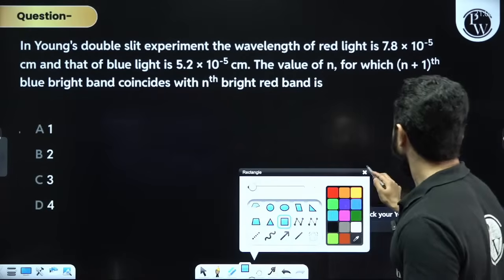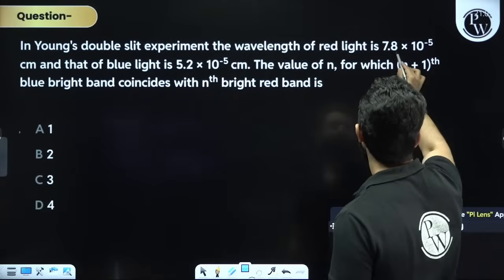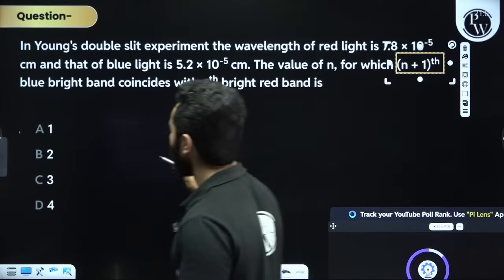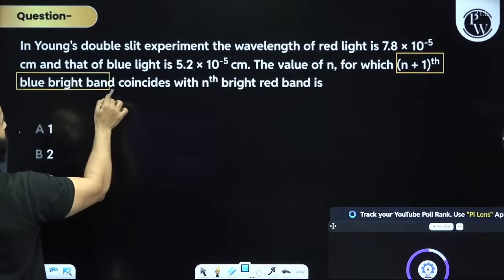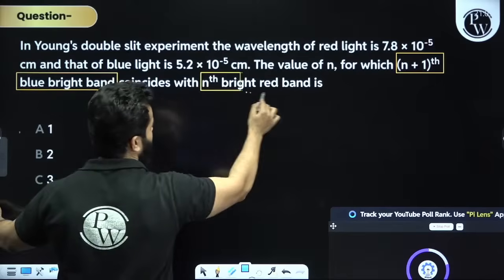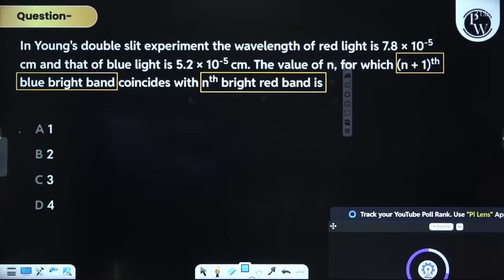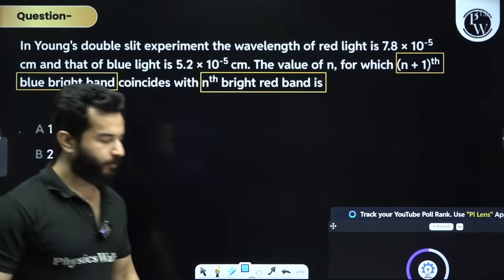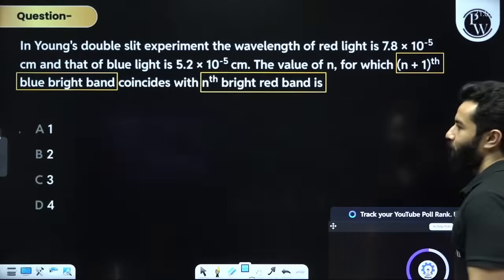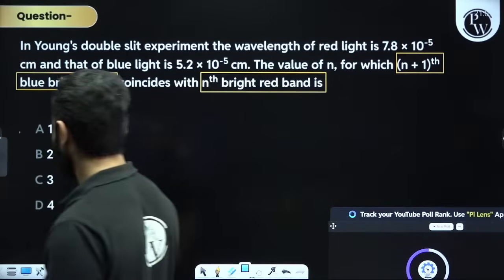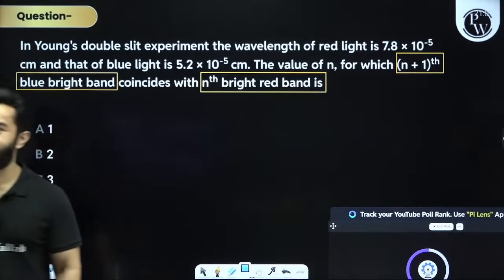They are saying that the value of n for which n plus 1th blue bright band coincides with nth bright band, red band. Quickly solve this and find me the answer. Come on. Be quick. Don't do any mistake, bhai.